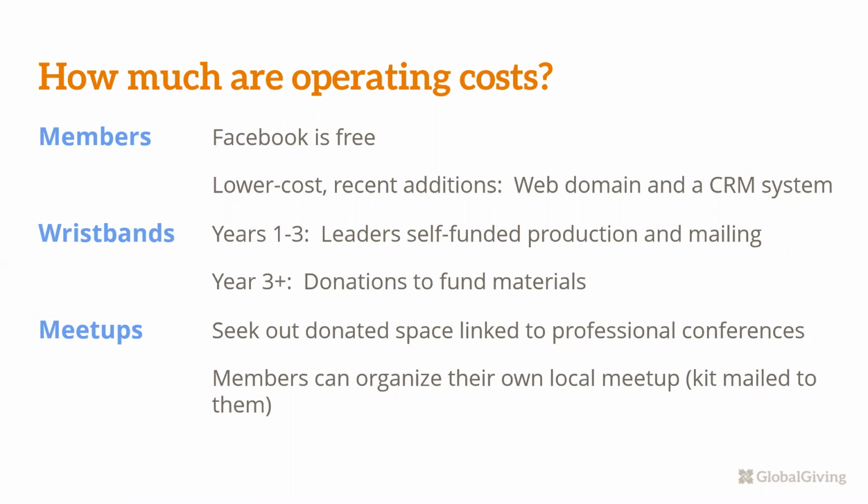Then we're trying to get more metropolitan areas to organize their own local meetup, where we provide articles for discussion and try to think about action items that are important to that particular region, because not every region necessarily has the same issues on their mind. There could, for example, be different funding issues for different regions.